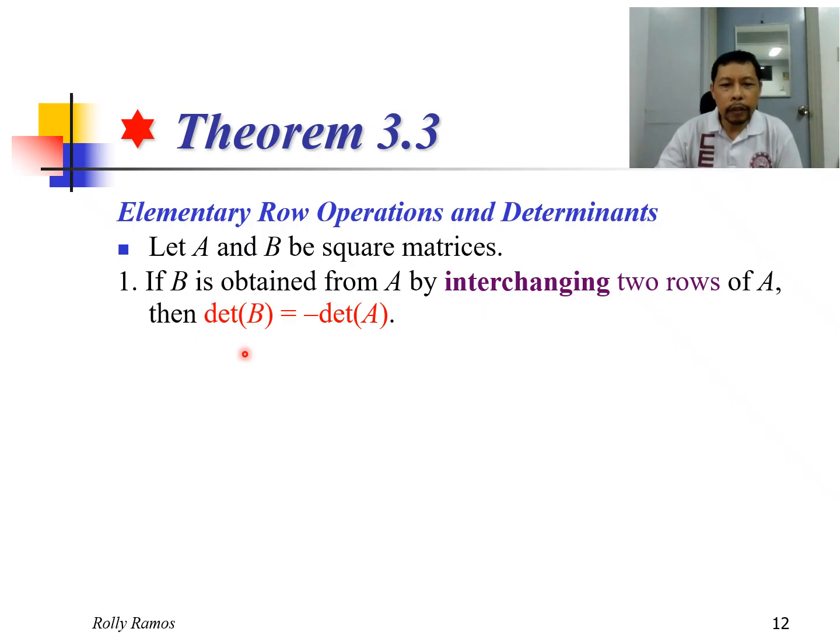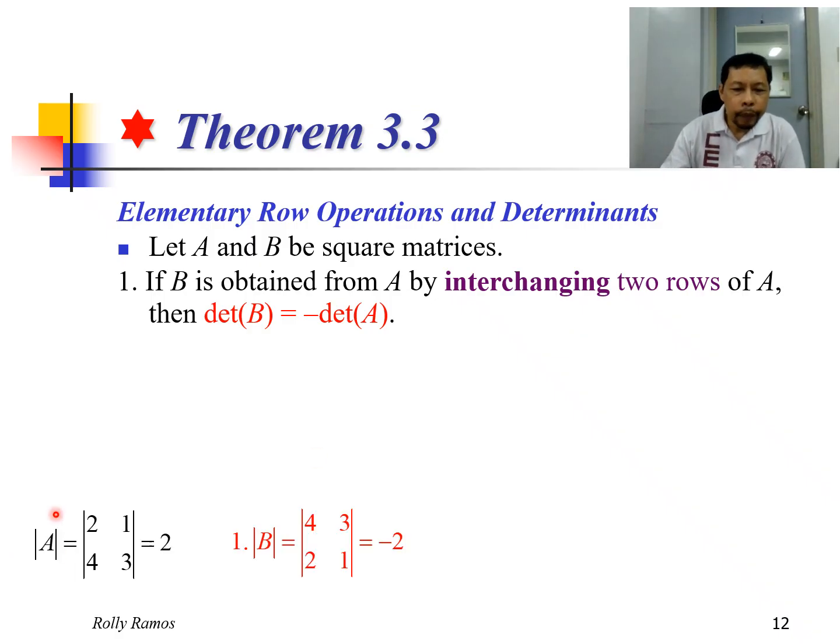So if we interchange two rows of A, then the determinant of the new matrix is equal to the negative determinant of the old matrix.